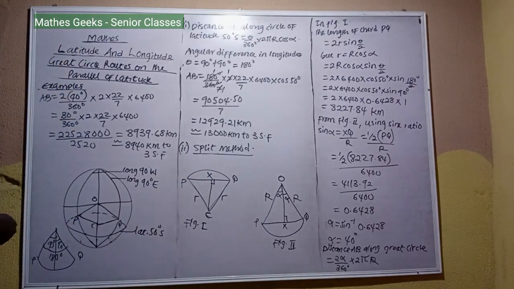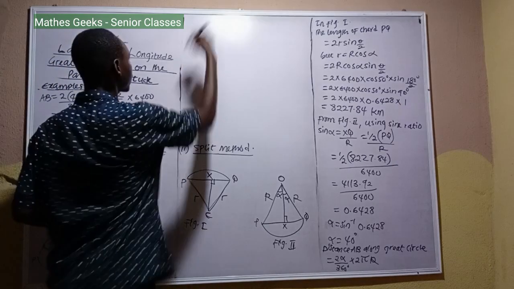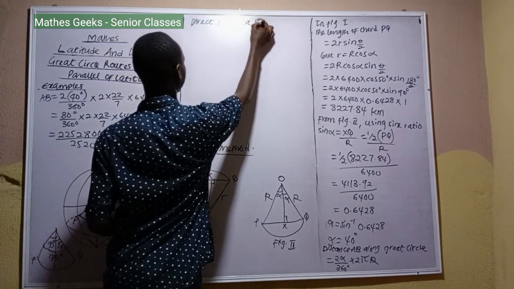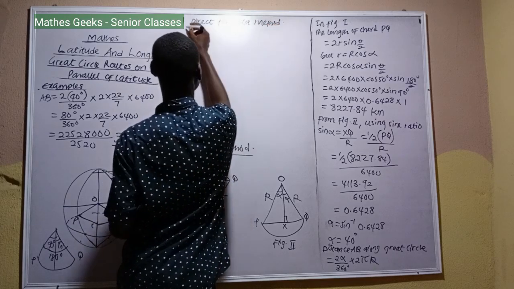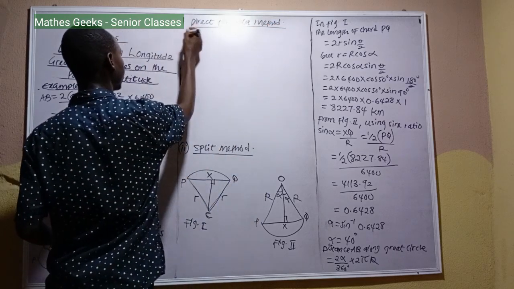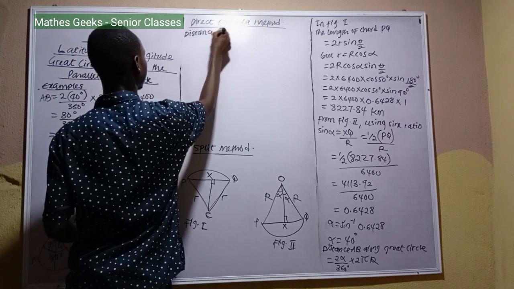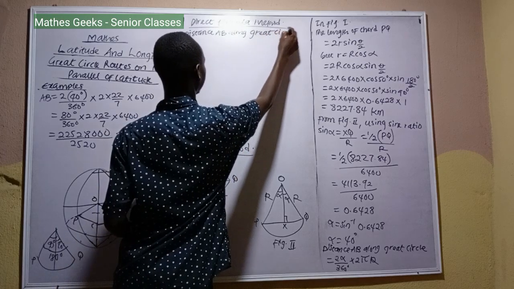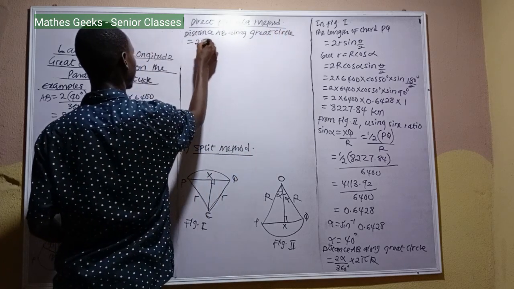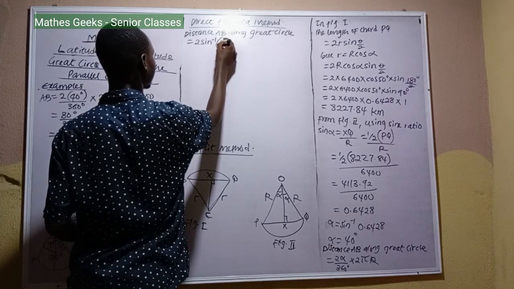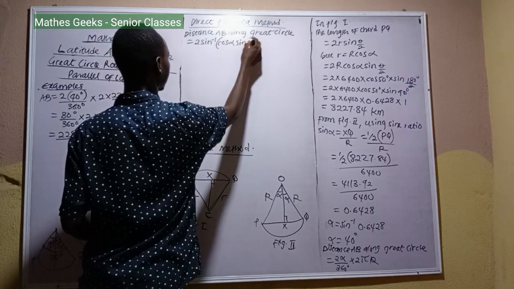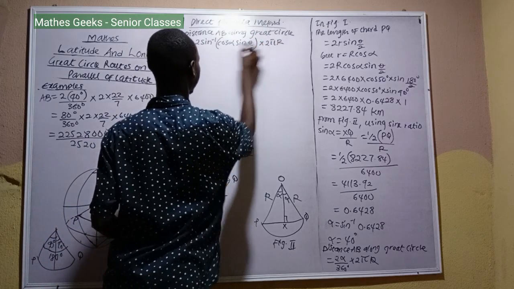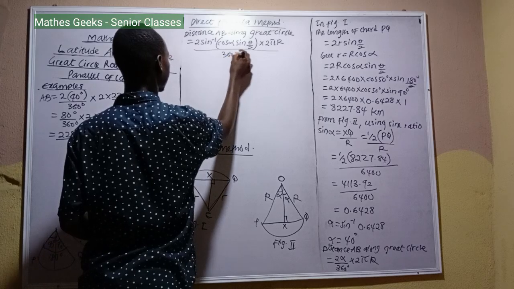The next method we're going to use is the direct formula method. Distance AB along the great circle is equal to 2 arcsine of cos alpha sine theta over 2, times 2 pi r over 360 degrees.